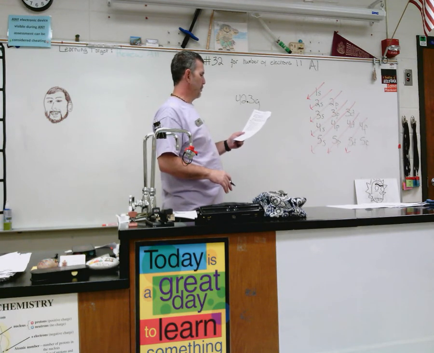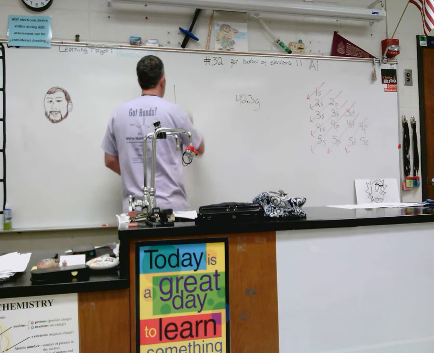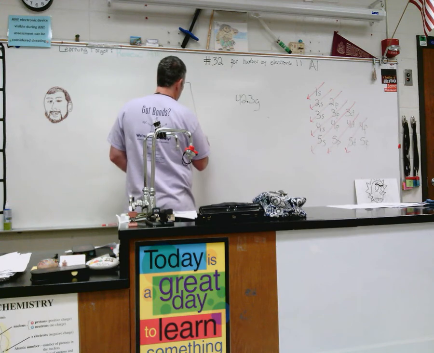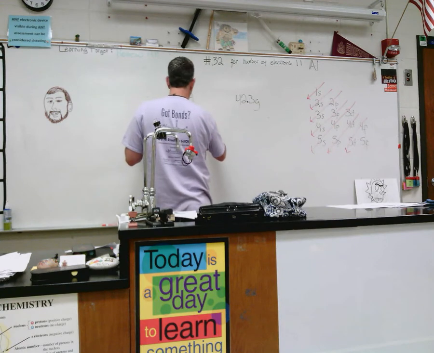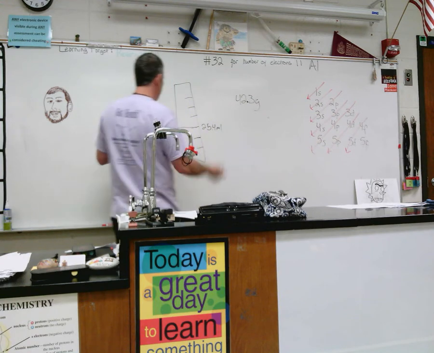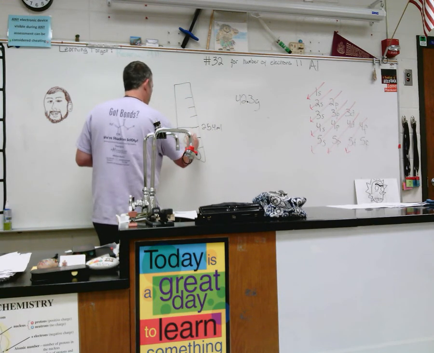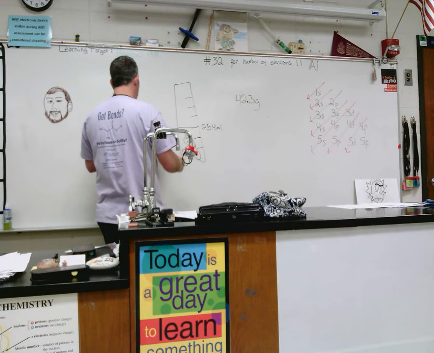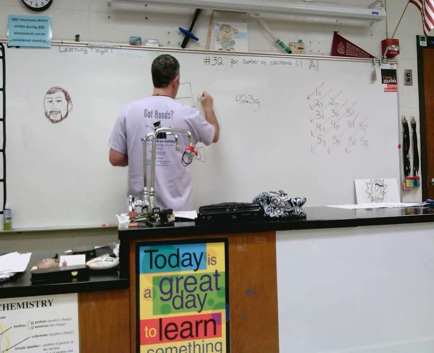After placing the object in a graduated cylinder with an initial volume of 25.4 milliliters, so I've got a graduated cylinder here, initially it had a water volume of 25.4 milliliters. Then I put my object in, whatever irregular shaped object. As soon as I dropped it in there, it went up to 65.4 milliliters.